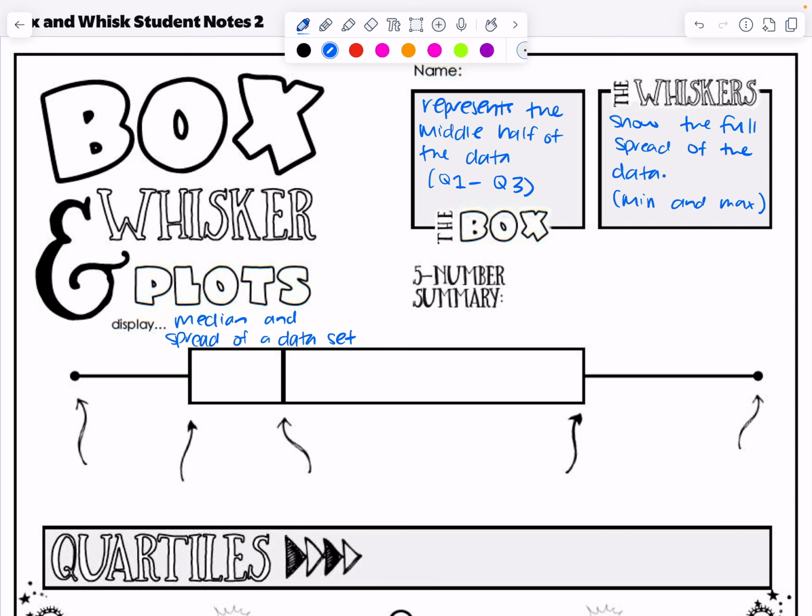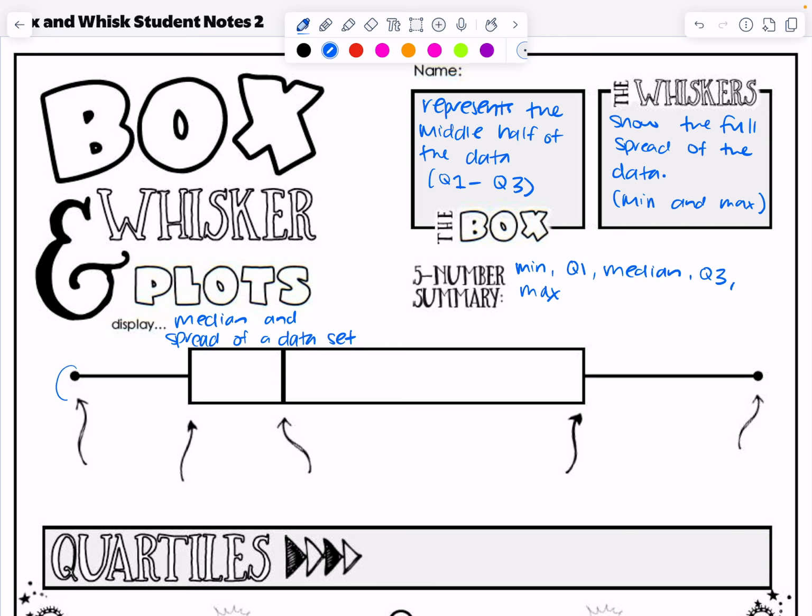So again, the 5-number summary is the minimum, the first quartile, so Q1, then it's the median, then we have the Q3, the third quartile, and the maximum. So our box and whisker diagram will look like this here.